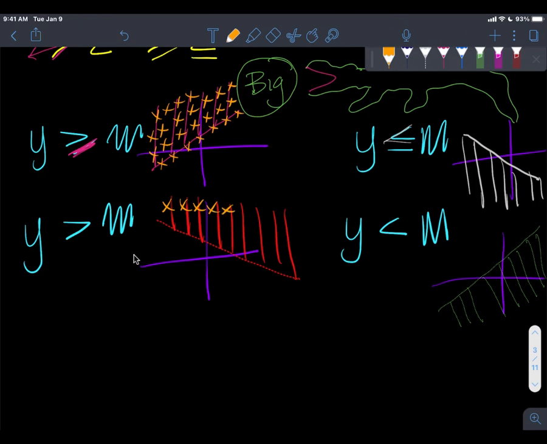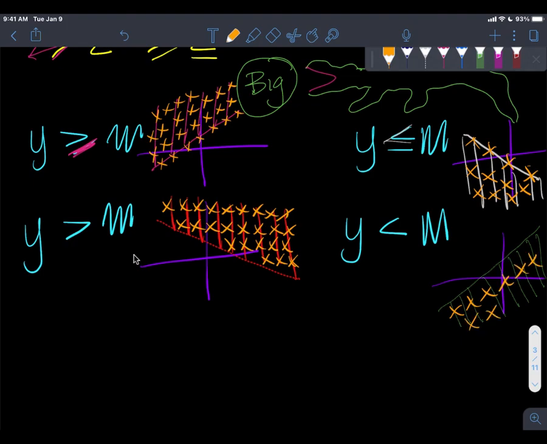So I cannot say that a point on this dashed line below is a solution, only these orange X's. Over here again, they can exist on a solid line and in a shaded area. Over here, they can exist in the shaded area, but they cannot exist on a dotted line.